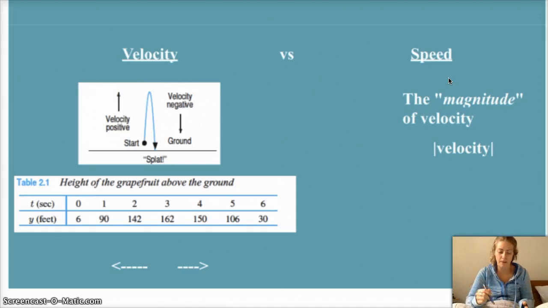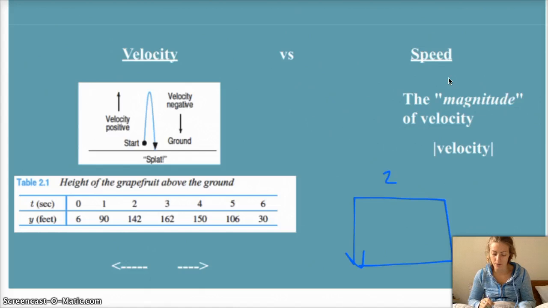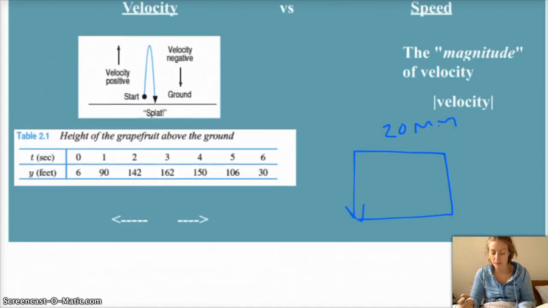So say for example, I walk around Dawson and it takes me 20 minutes, and I go this way, and then this way, and then this way, and then this way. The total time took 20 minutes, and I traveled a total of, I don't know, a mile, right? I could get my average speed by doing 1 mile divided by 20 minutes.